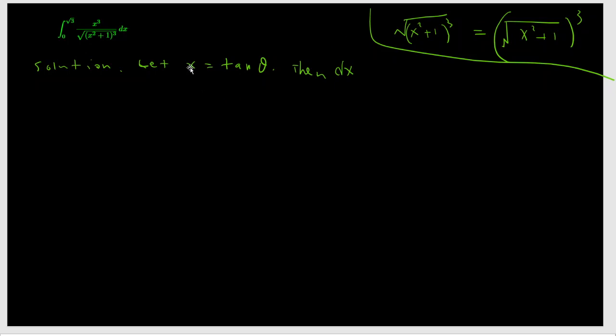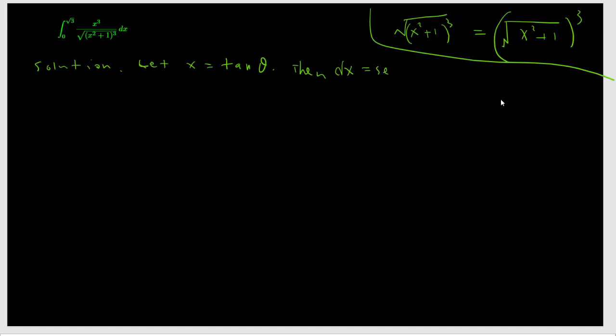After we set x to be a trig function of theta, the next thing we do is to compute dx. Okay. The same idea as before. We just want to rewrite the integral entirely in terms of the new variable theta. Okay. So dx, this time you differentiate tan of theta.